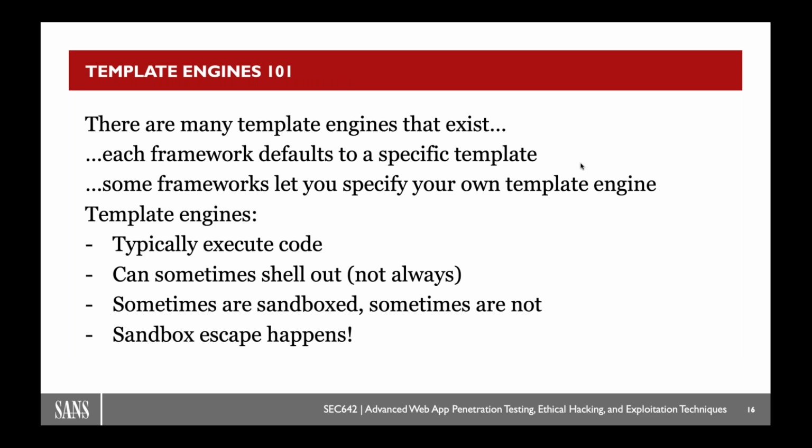Every framework has a specific templating engine. Under certain conditions and with certain frameworks, you can specify a different template engine, a different template system in a different web framework. It just so happens that Flask defaults to Jinja templates.